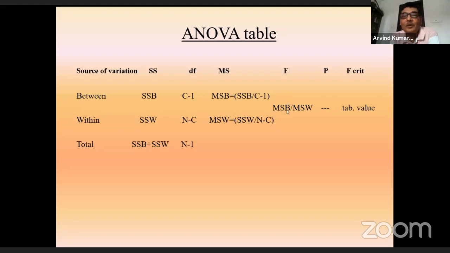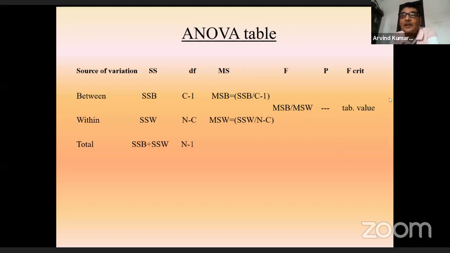This F value will be used for further analysis, because we need finally this F value. P stands for probability level, whether the probability is less than 5% or more than 5%. If it is more than 5%, we will accept the hypothesis, and the hypothesis will be whether these samples are similar in nature or they are significantly different from each other, particularly their arithmetic mean.